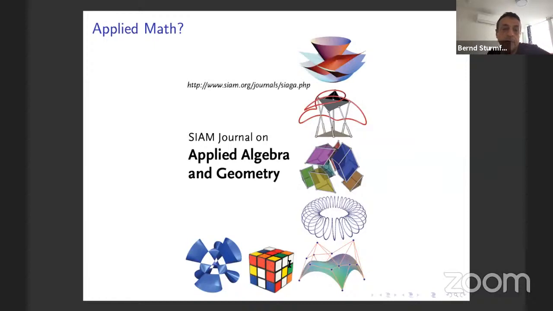There's a journal that I've been involved with called the Applied Algebra and Geometry Journal. So this gives you a little bit of the context where this comes from. These pictures show you different areas of application: optimization, robotics, computer vision, applied topology, geometric modeling, tensors, and also semi-definite programming.